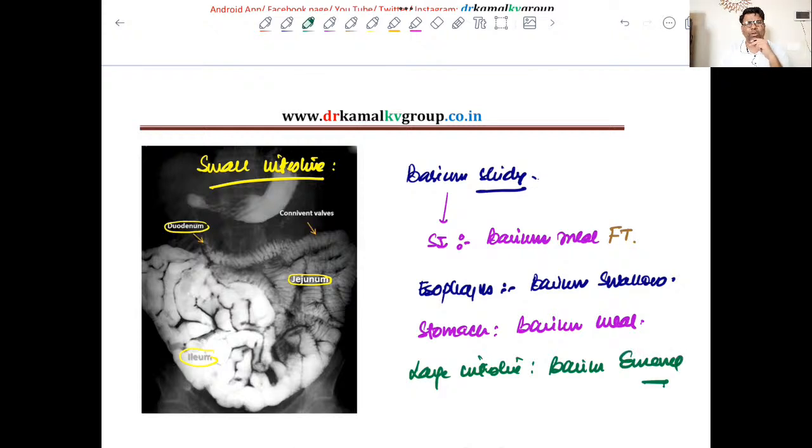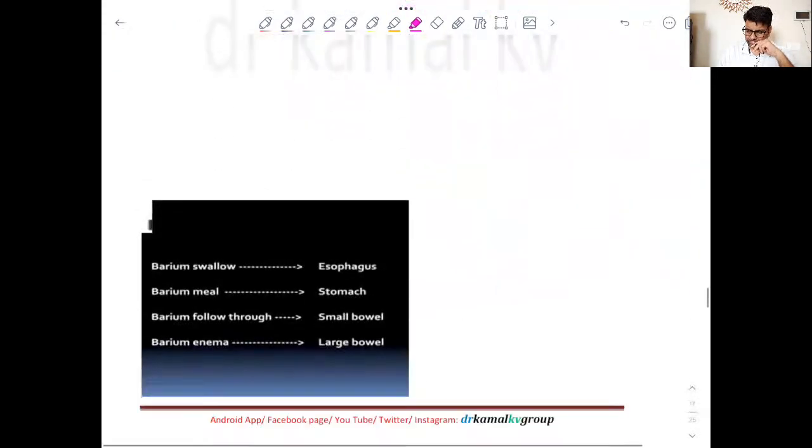So these are a few different terms depending on which part of the GIT we are studying. So follow through for small intestine, swallow for esophagus, meal for stomach, and enema for large intestine, right? So this is in short.